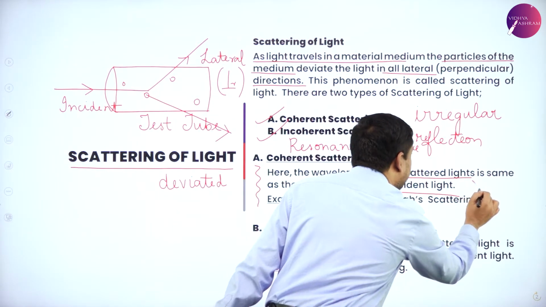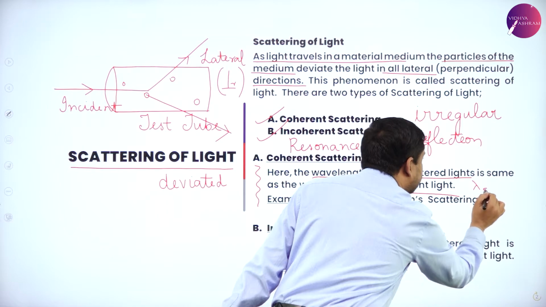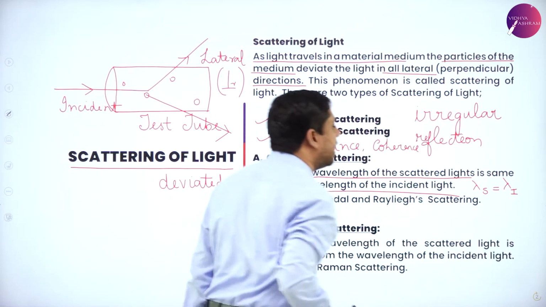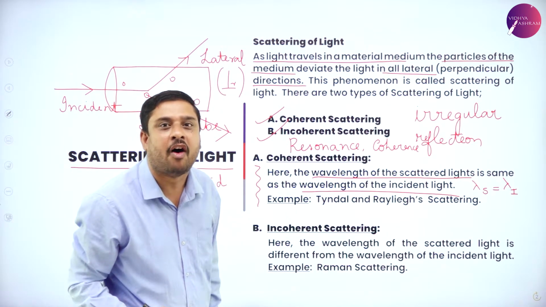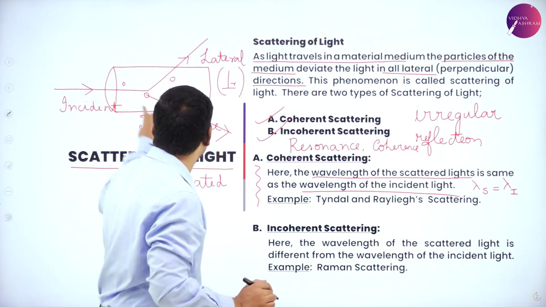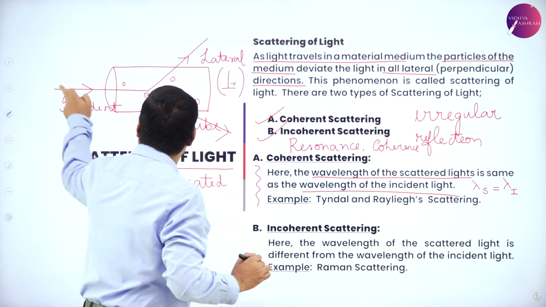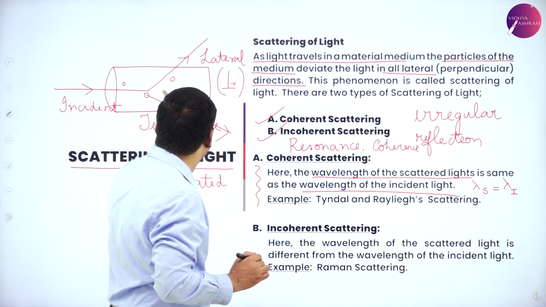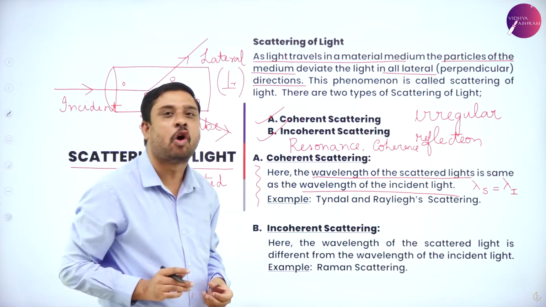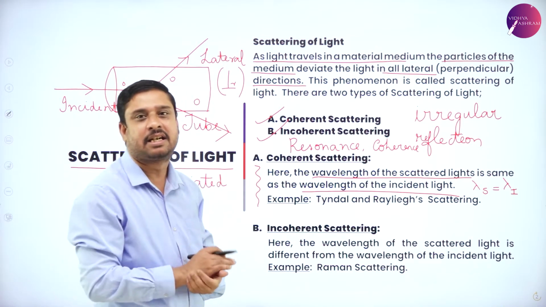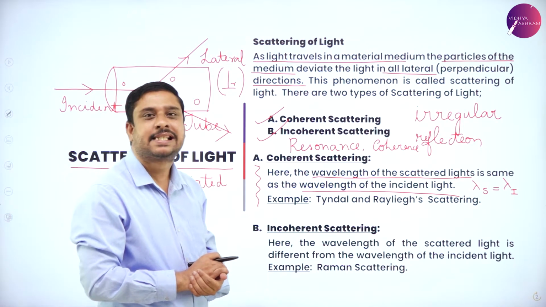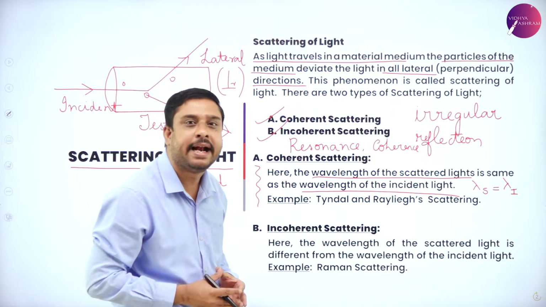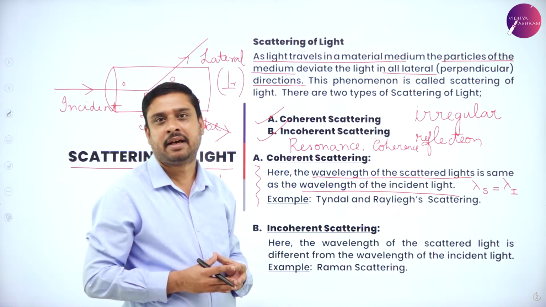So if lambda of the scattered light is the same as the lambda of the incident light, so the wavelength of this incident light matches with the wavelength of the scattered light, then such type of scattering is called coherent scattering.